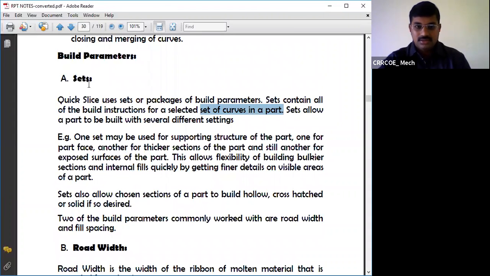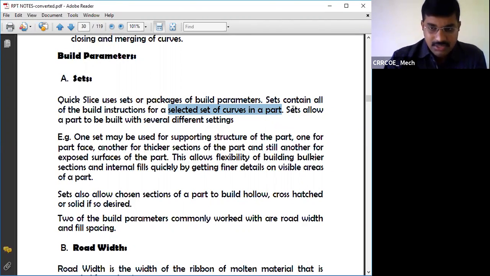These sets contain all kinds of build instructions for a selective set of curves in the part. If specific contours or curvatures are there in the product you are going to produce, you must have knowledge of them before producing a part.